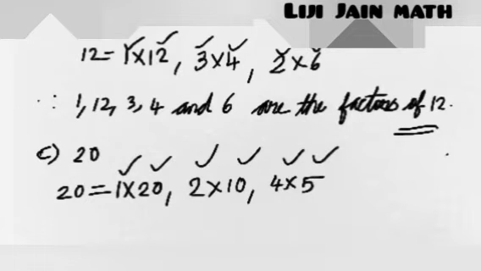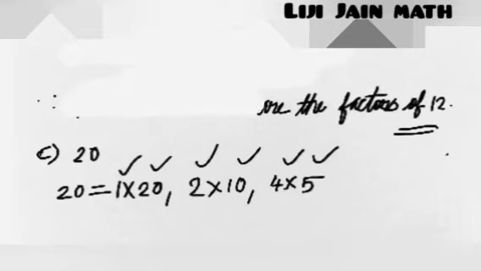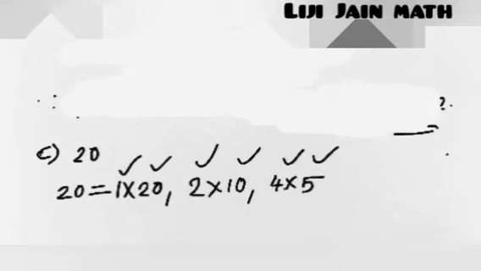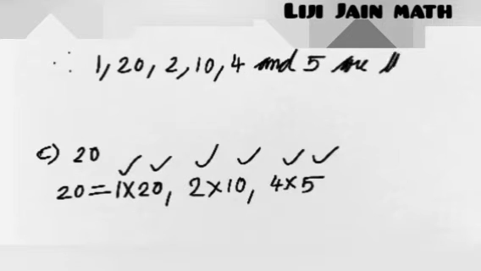These are the factors of 20. Okay. Therefore 1, 20, 2, 10, 4 and 5, write neatly, are the factors of 20.